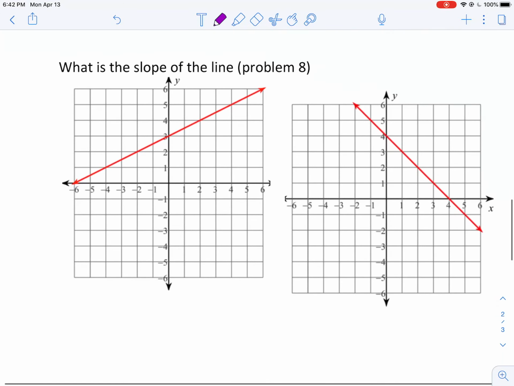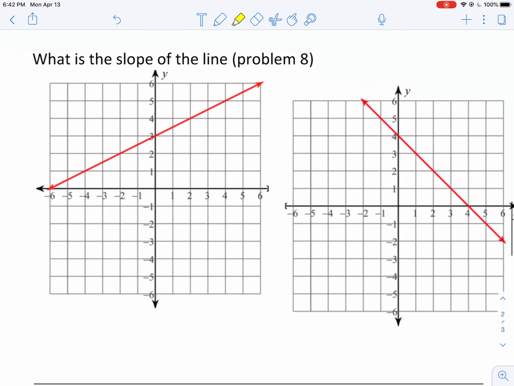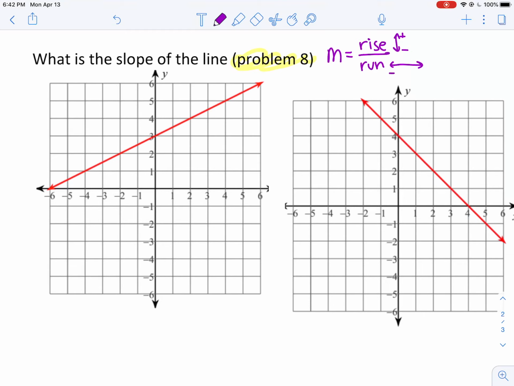And then the last question says, what is the slope of the line? This is just like problem 8, and it's kind of like those first examples that we did. Slope of a line is rise over run. Positive up, negative down, negative left, positive right. Now, the only tricky thing is to make sure you put dots on the corners of the grid.